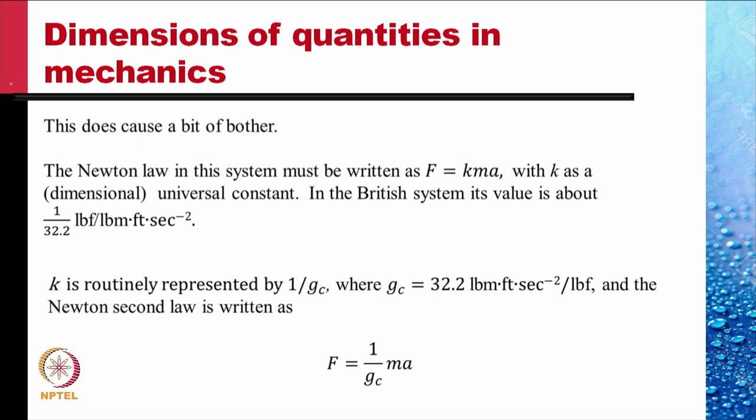In the British system, its value is 1/32.2 pound force per pound mass feet per second squared. k is routinely represented by 1/Gc, where Gc is 32.2 pound mass foot per second squared per pound force. And Newton's second law is written as F = (1/Gc) ma. Not a very clean representation.